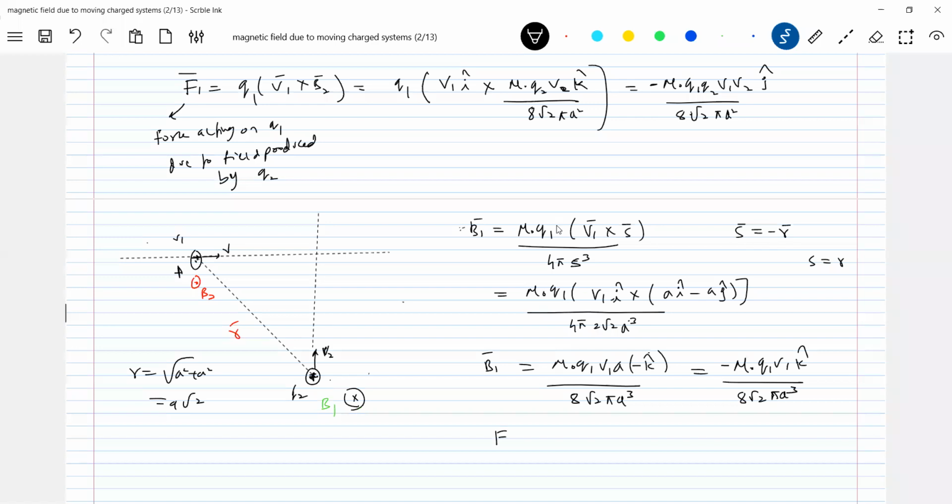Let's calculate now F2, the force acting on the second charged particle. F2 should be equal to Q2 V2 bar cross B1 bar. So minus K cap.